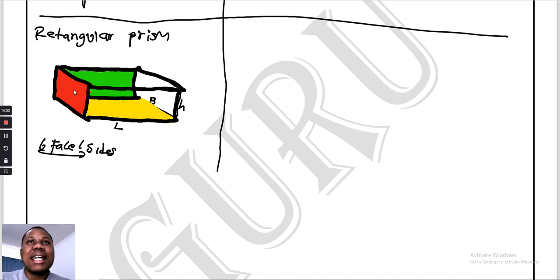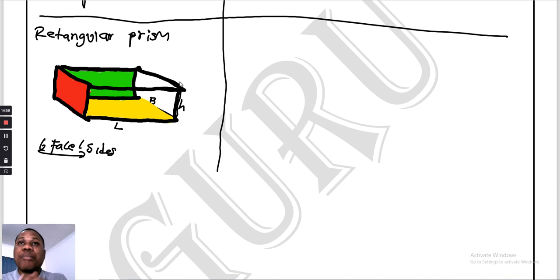It means that the area that you're going to calculate on this side is going to be the same as the opposite side area. That is why I've only used 3 different colors and painted only 3 sides. All their opposite sides are going to have the same areas.